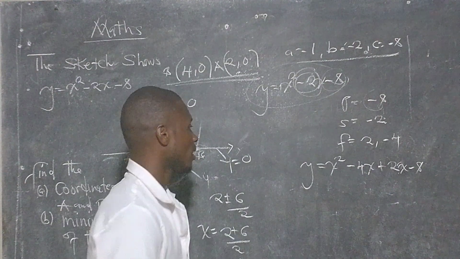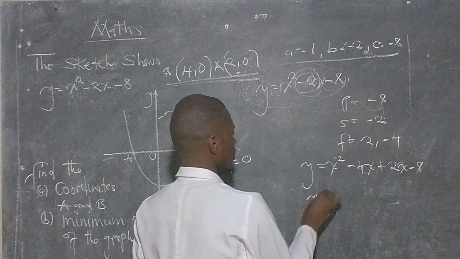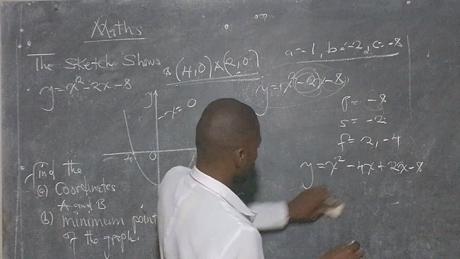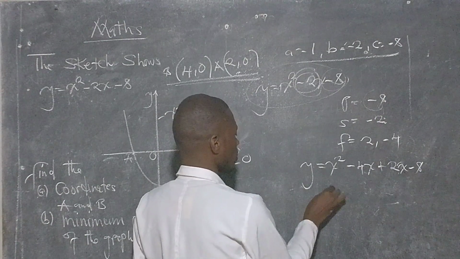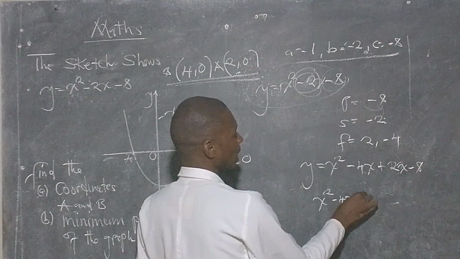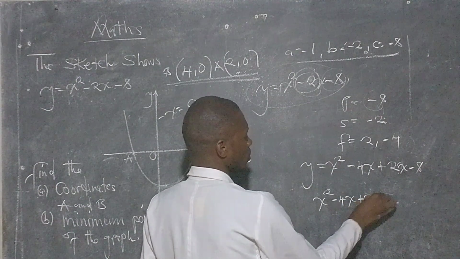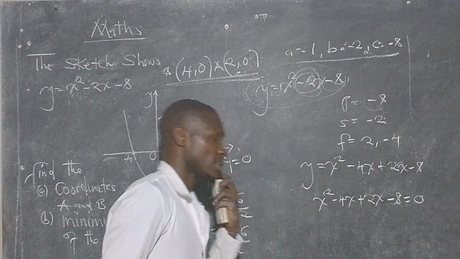From here, we'll now equate y to 0. So we'll say x squared minus 4x plus 2x minus 8 is equivalent to 0.